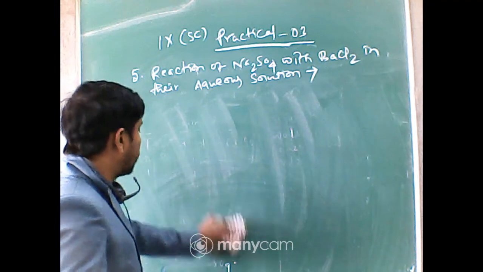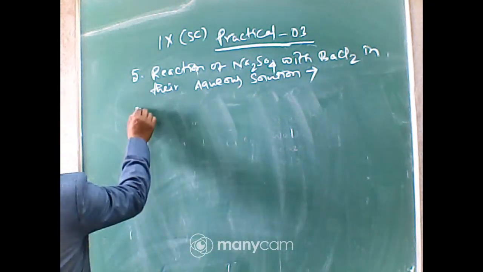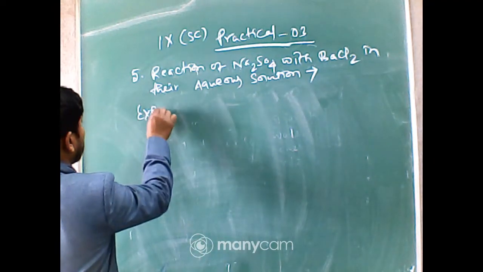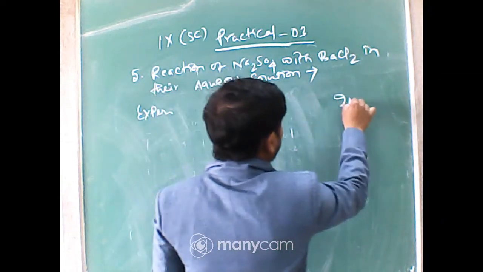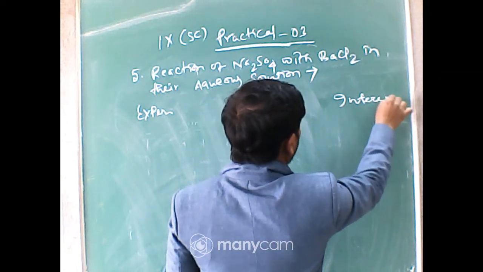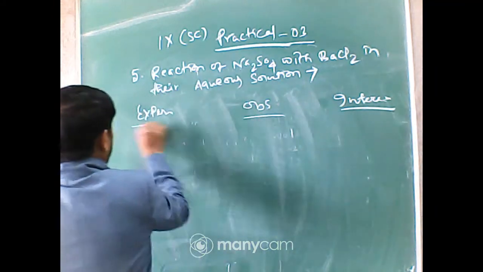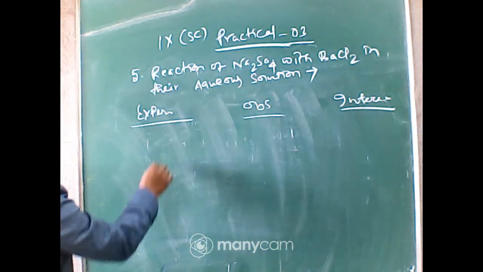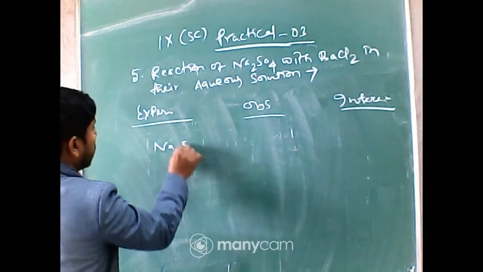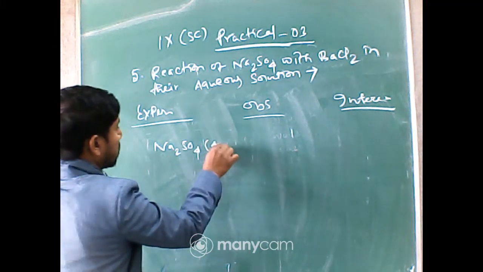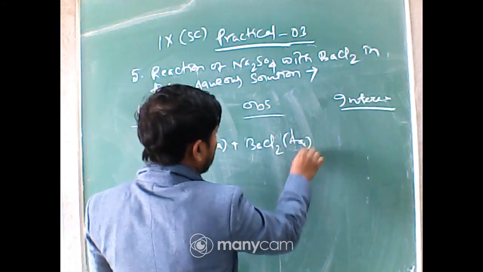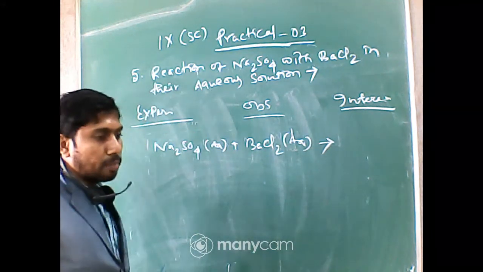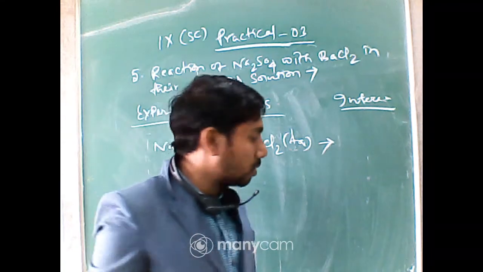Okay, just like the previous, we will make a column: experiment, observation, inference. Now first of all, I am discussing the reaction. Sodium sulfate aqueous plus barium chloride aqueous. Can you tell me what the products of the reaction are?